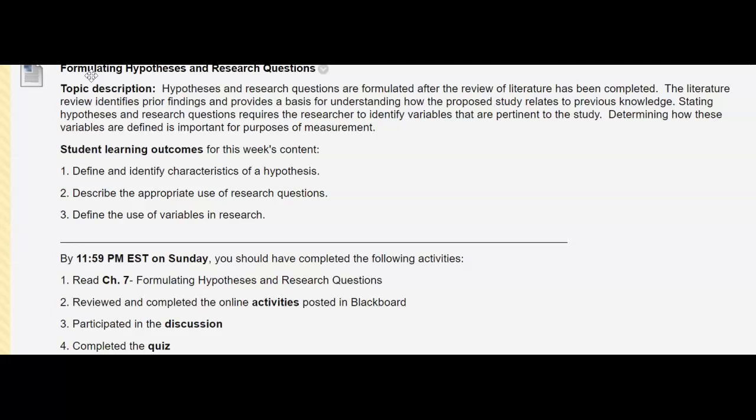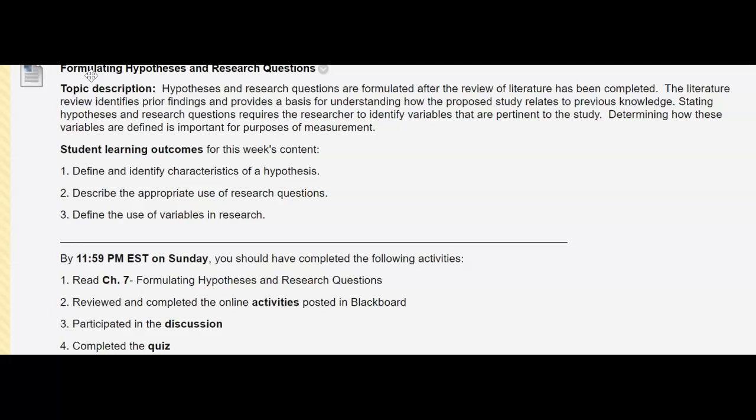They're formulated typically after the review of literature has been completed by the researcher. The literature review helps the researcher identify what the prior findings are. It also provides a basis for understanding how the study that they want to do relates to previous knowledge.